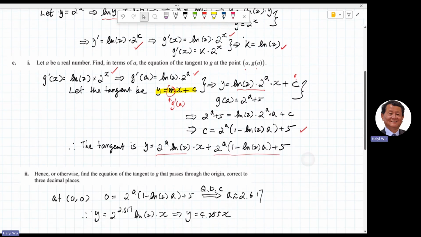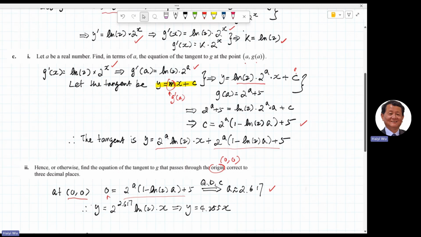Now what about a tangent that passes through the origin, (0, 0)? At the origin we can replace x with 0 and y with 0. So c is 0, because passing through the origin means the y-intercept is 0. We can find a using the GDC to solve that equation: a is approximately 2.617.